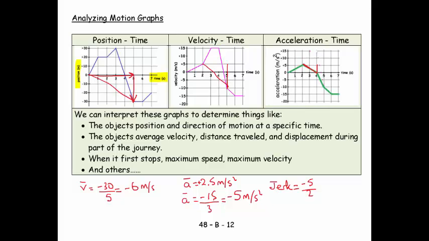There's my minus 5, and there's my 2, which is minus 2.5, and this would be meters per second cubed. And again, I could say, what's the jerk between 0 seconds and 5 seconds? We can play those games.